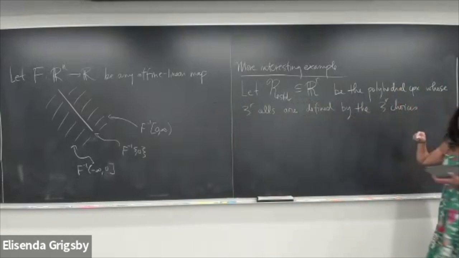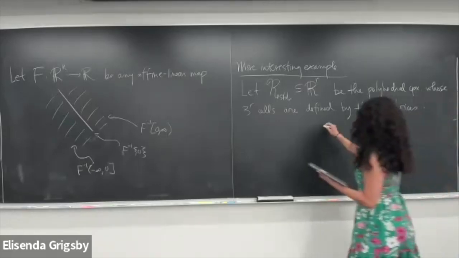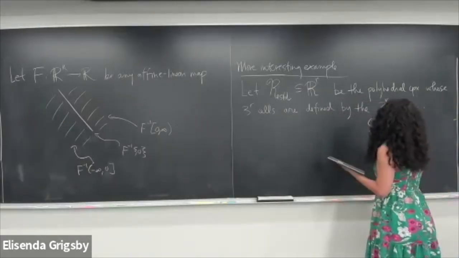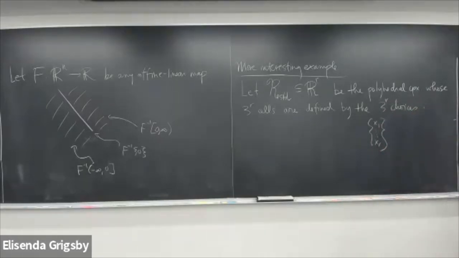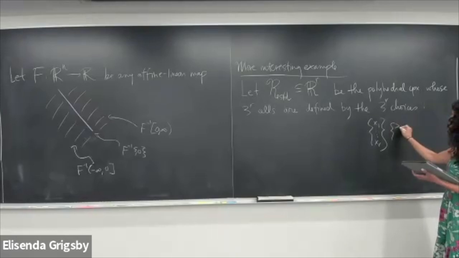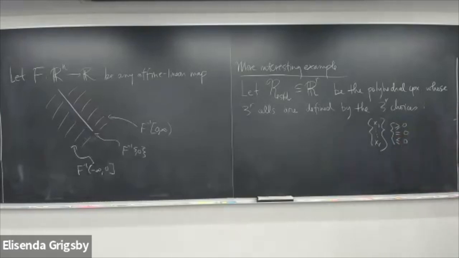I'm going to write this down quickly, but I'll then sketch it out in R^3 so that you see what I mean. For each of the r coordinates, you choose either greater than or equal to 0, equal to 0, or less than or equal to 0. So you make one of these 3 choices for each coordinate, and that's going to define a polyhedral set. And there are 3^r of them.